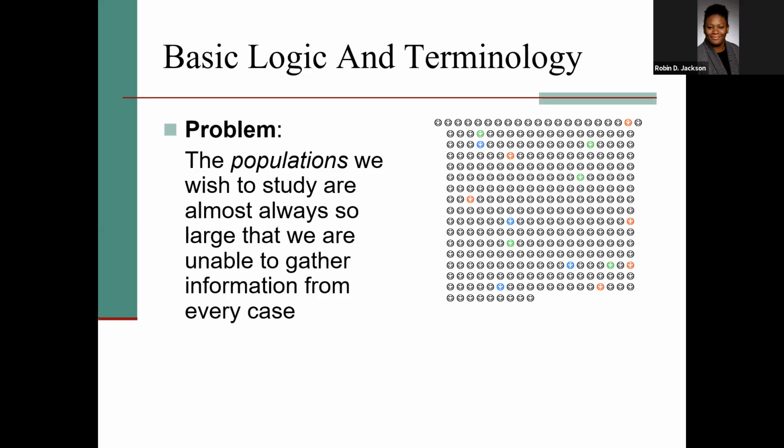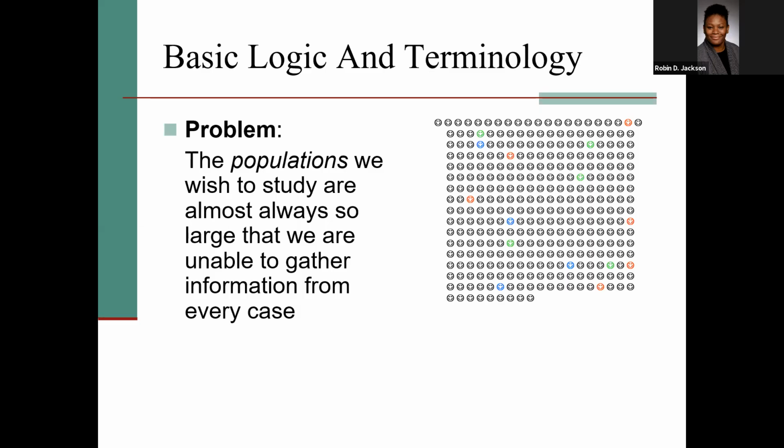This would be true even if I narrowed my target population down to juveniles, or to a specific group, so females, minorities, African Americans, people of Hispanic or Latino descent. Regardless of how I narrowed my target population, it would still be unrealistic for me to collect that data.